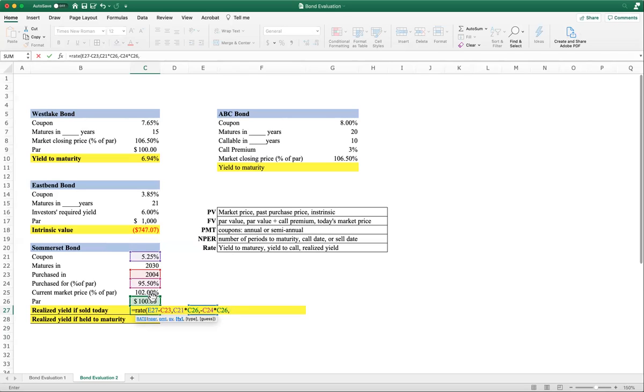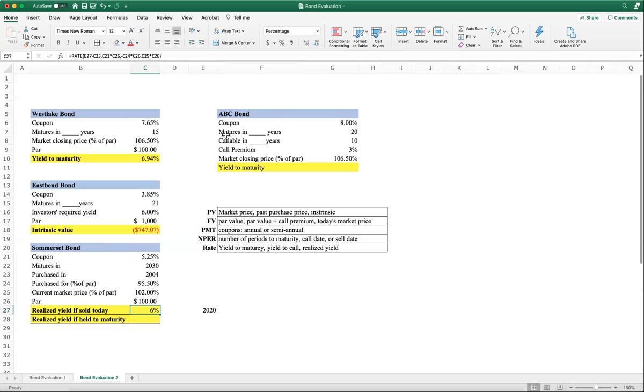The future value is going to be today's price, if you sold it today. So 102% multiplied by $100, okay? So let's close that out. If you sell it today, it's 5.768%, okay, let me say 5.77%, okay?